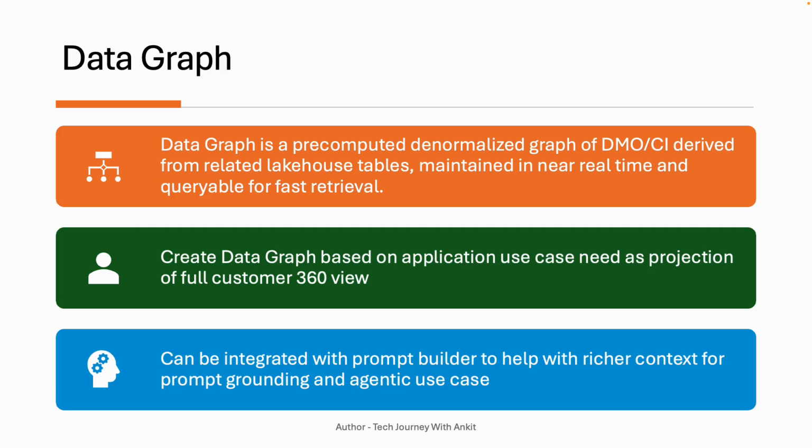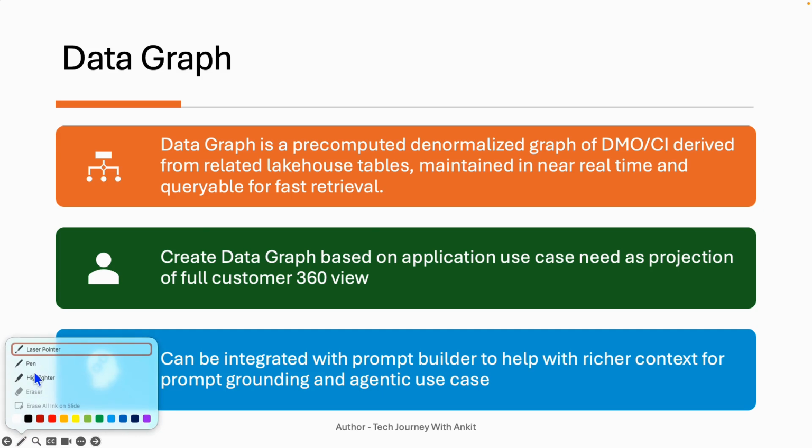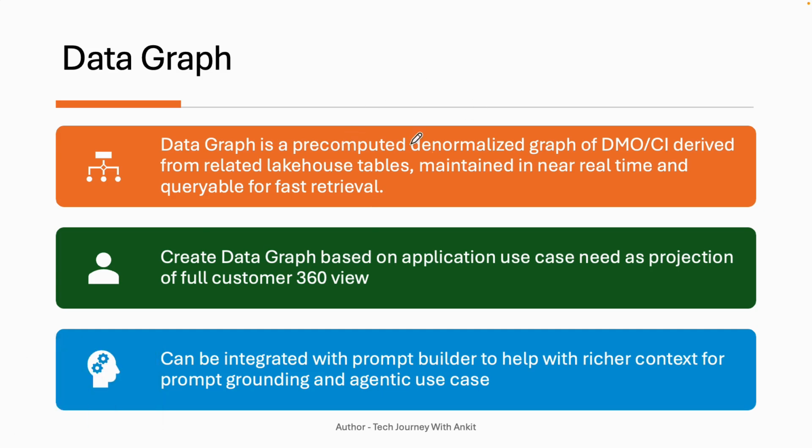So first thing here is what is data graph? It's a pre-computed denormalized graph. So a very important keyword that you have to remember here is it is not something which is available to you in the normalized form. We already understand what is normalization and denormalization in our course previously. So I hope you can relate to the term denormalized here. It's pre-computed.